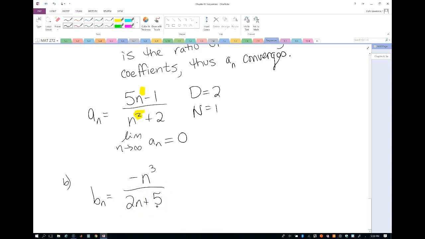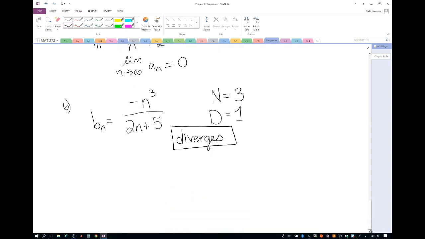Again, it's a rational expression. Here, the degree of our numerator is 3. The degree of the denominator is 1. Since the degree of the numerator is larger, we would say that this sequence diverges. If you were to write out the terms of that sequence, they would just keep getting larger and larger without ever approaching a single number.